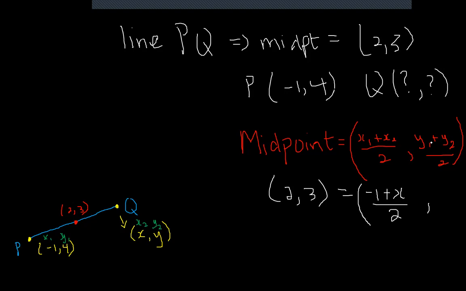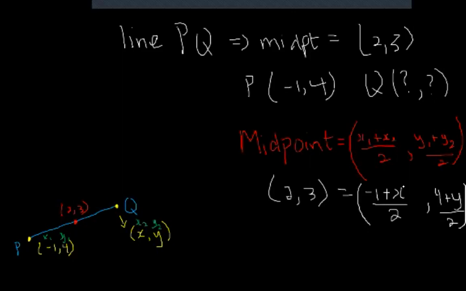Then you do the same thing here: y1, which is 4, plus whatever the y coordinate of Q is, divided by 2. Whatever this x value is and whatever this y value is, it's going to give me the point 2, 3.